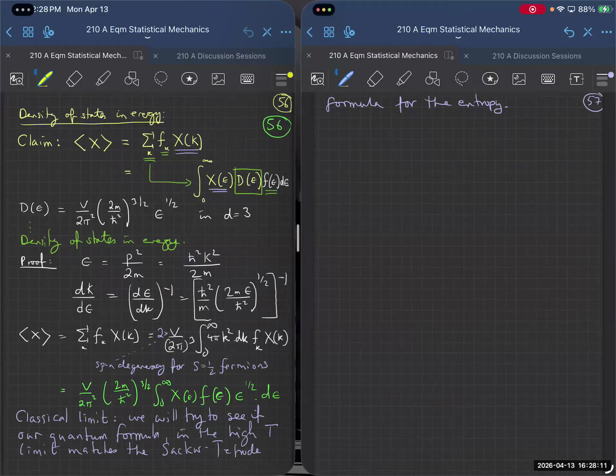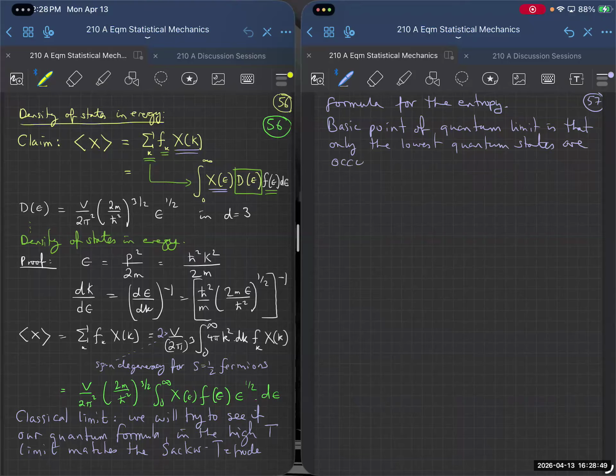So let's now talk about what is the basic point of the classical limit, and we will come back to this later when we revisit the Fermi-Dirac distribution function in more detail. But the basic point of the quantum limit is that only the lowest quantum states are occupied at very low temperatures.